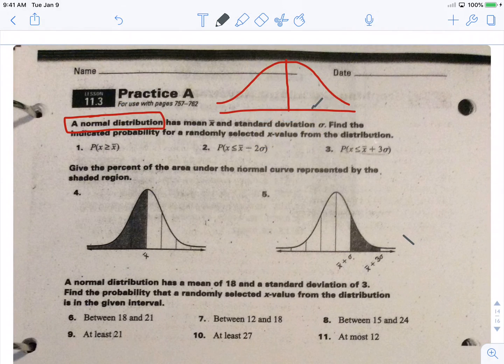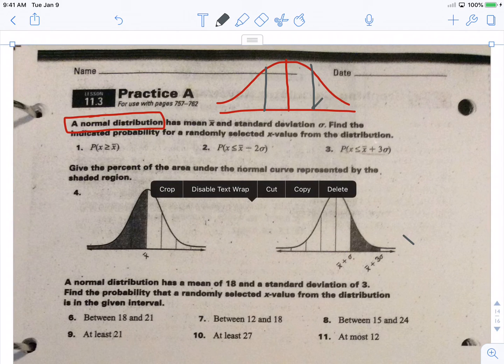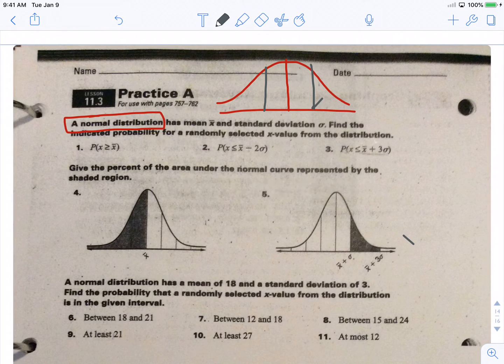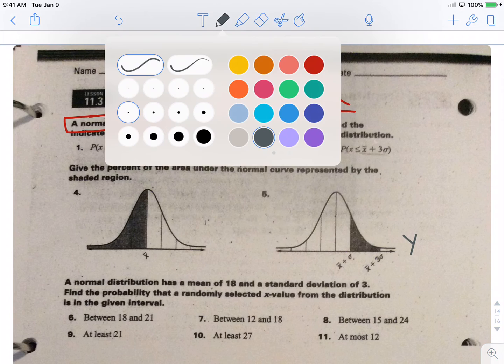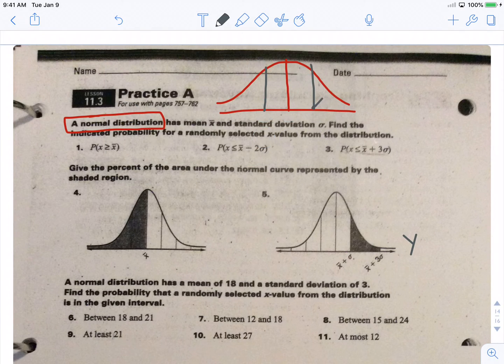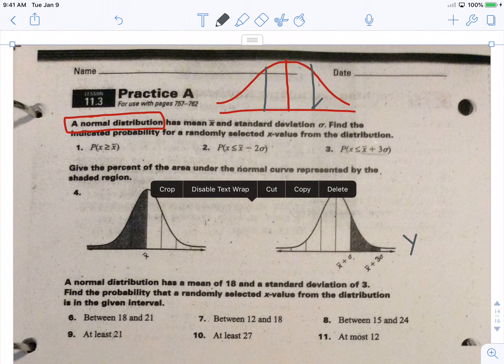All right, and then we're going to go 1 standard deviation above and below, and I would write that as x bar... this doesn't want to work for me, Addie.